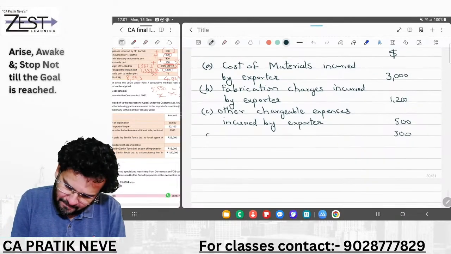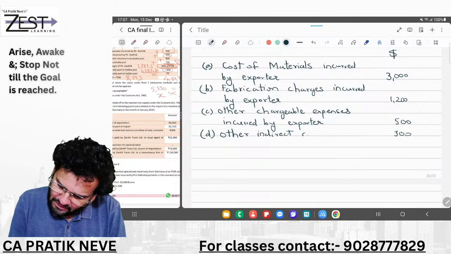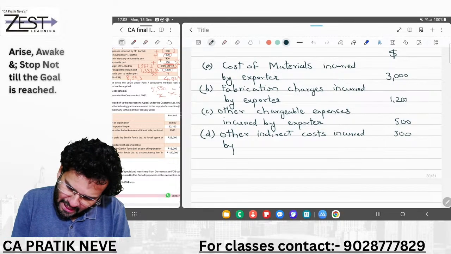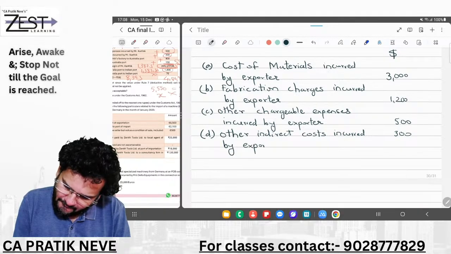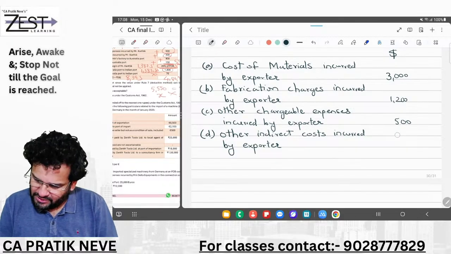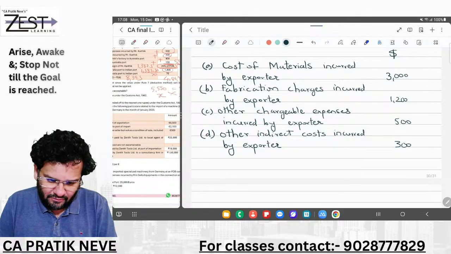Other indirect costs incurred by exporter. So isn't it 300? Then what you have?